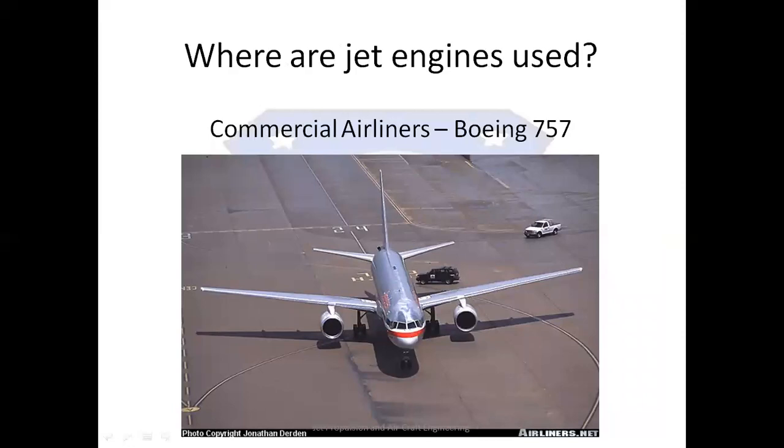Next one is the various applications of the jet engine, or where the jet engine can be used. The first application here is the commercial aircraft. You can see a couple of engines attached to the wings. This is nothing but a jet engine used for commercial aircraft.